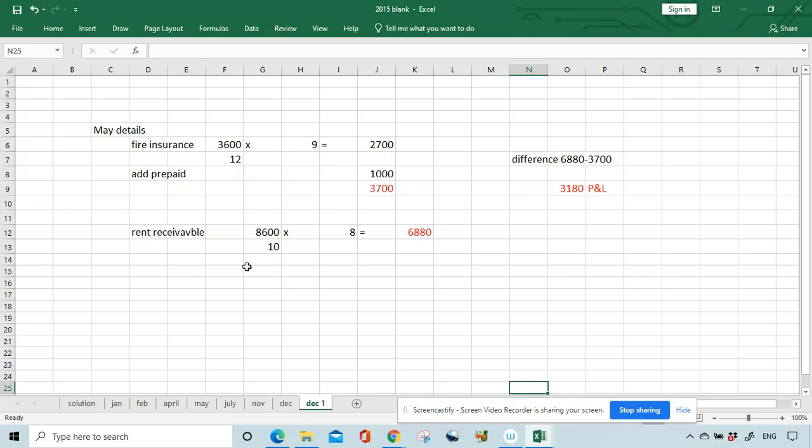Secondly, the rent receivable. So the rent receivable is 8,600, but it was for 10 months and it was received on May the 1st. So we have 8 months this year. So 8,600 divided by 10 multiplied by 8 means the amount of rent receivable relevant to this year is 6,880.